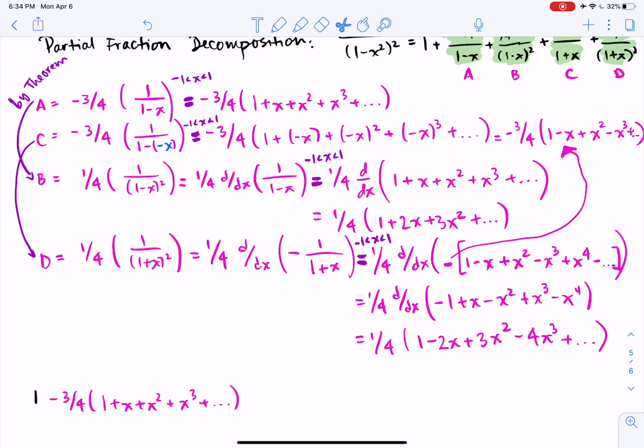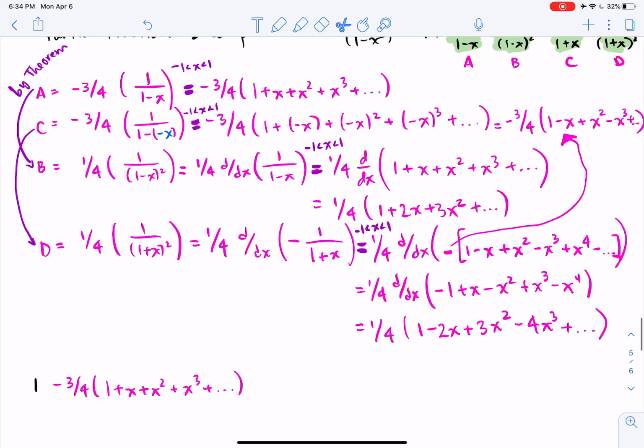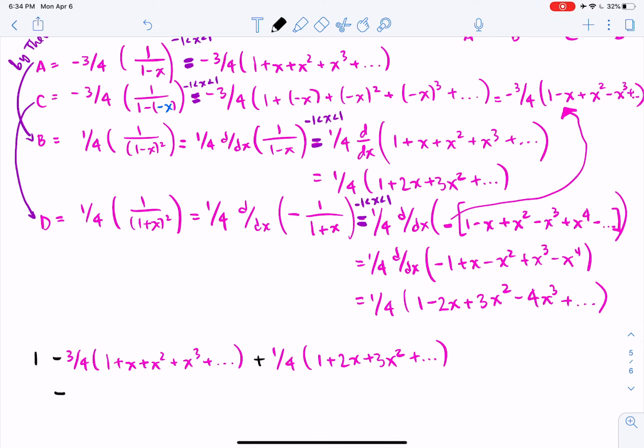Okay, plus b, and b is positive 1/4 times that power series, okay, plus c, which I think is actually going to have a negative sign, correct? Good, yes, c does have a negative sign. So this is the power series for c. Okay, and then plus d. And here is what we computed for D.